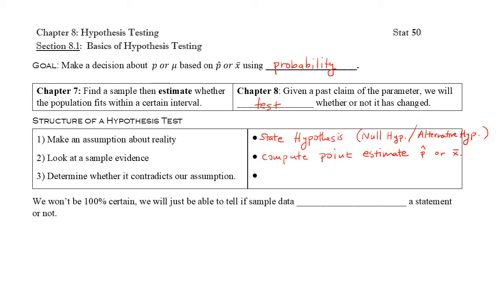And then from that, we want to determine whether it contradicts our assumption. So we'll try and answer the question, how likely is that point estimate given our assumption? And that's where probability comes into play.